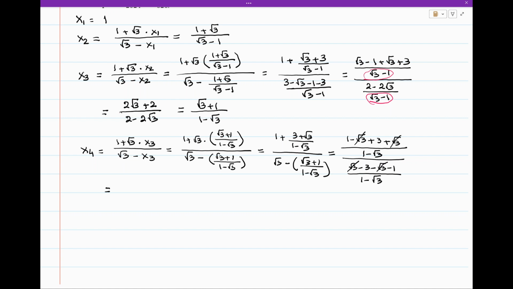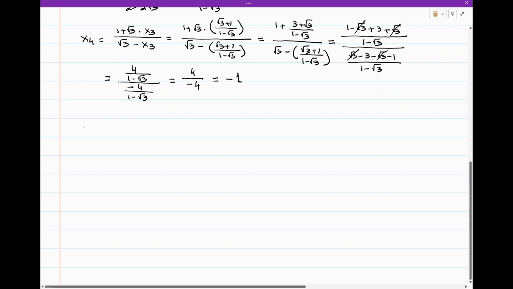Therefore, we get 4 divided by (1 minus square root of 3) whole divided by minus 4 divided by (1 minus square root of 3), and that is equal to 4 divided by minus 4, that is equal to minus 1. So the value of x4 is equal to minus 1.